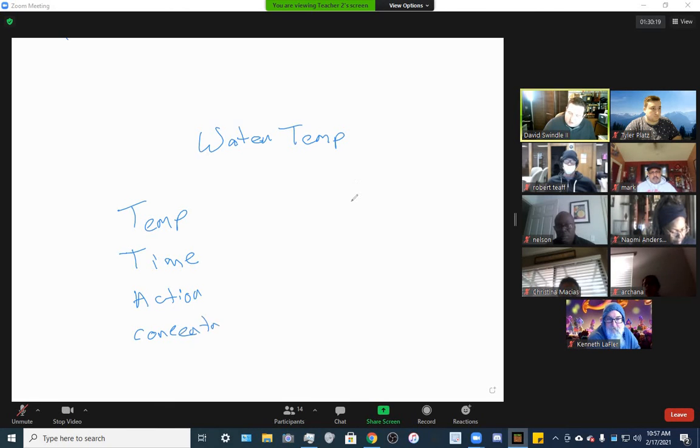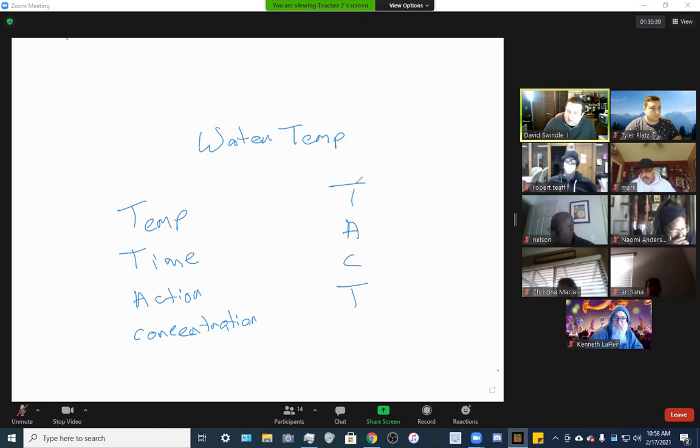I use the terminology TACT. Okay? Temperature, agitation, concentration, and then time. Now, each of these plays a factor in cleaning chemicals.